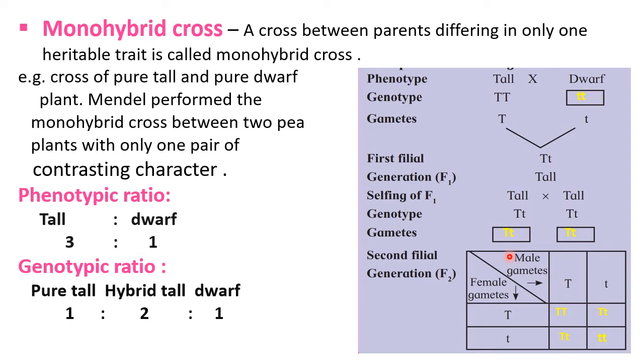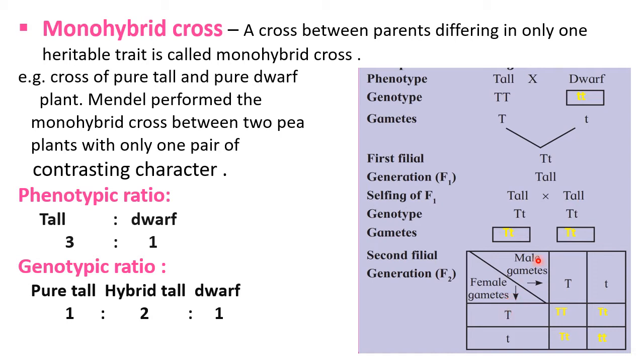Now with the help of a checkerboard, also called a Punnett square, we can see the different combinations produced in the second filial generation, or F2 generation, by the selfing of hybrid tall pea plants.